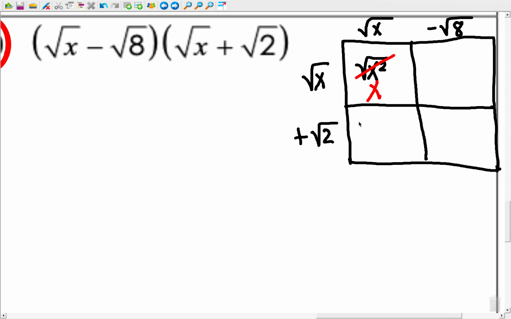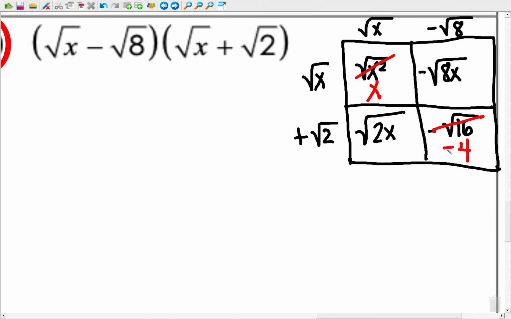Underneath it, if I multiply the square root of x times the square root of 2, I have the square root of 2x. Over here, if I multiply this, I have negative square root of 8x. And then in the last box, I have negative square root of 16. You know the square root of 16 becomes 4. So I have negative 4 in this box.